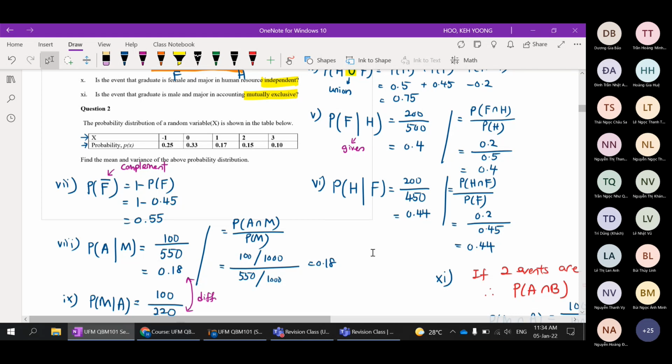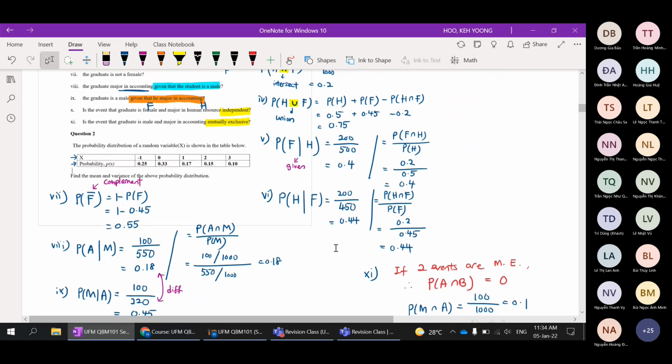The mean is the average for the variable x, based on the probability.